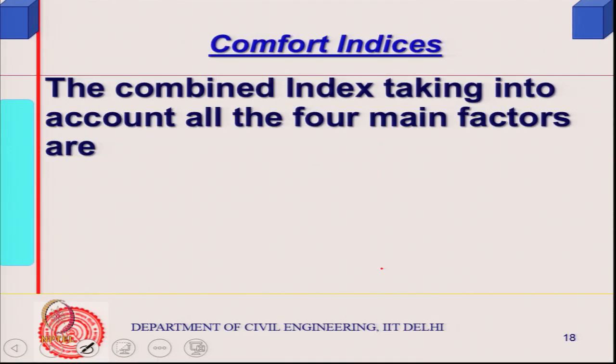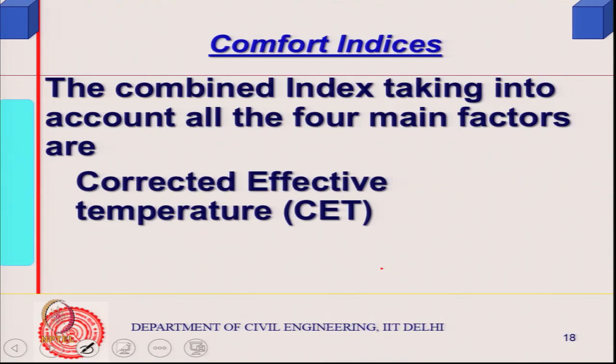So, as I said, you take all these factors into account, and that is what we call comfort indices, or comfort index. It takes account of these 4 main factors.